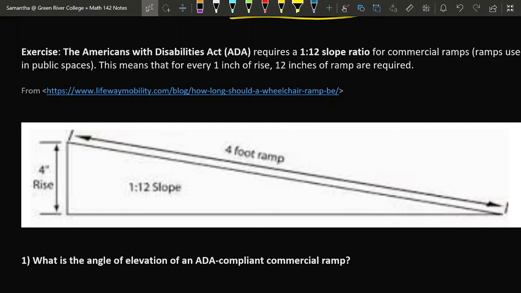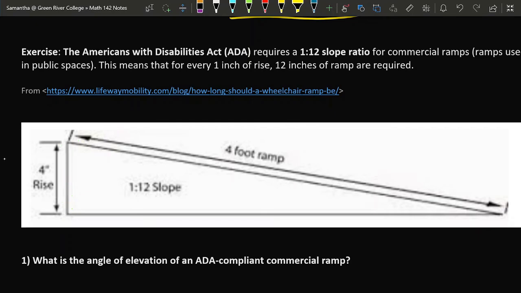So in particular, for wheelchair ramps in commercial areas, for example, a wheelchair ramp is built in front of a grocery store, it's required that if you want your ramp to increase by an amount like 4 inches, then the length of the actual ramp has to be 4 feet. In general, however much you want to rise along the ramp's hypotenuse has to be 12 times the rise.